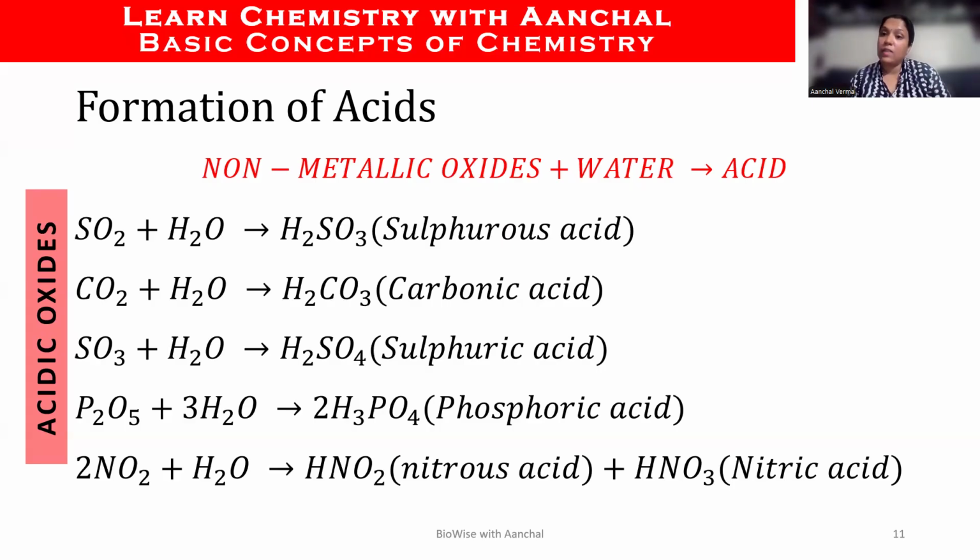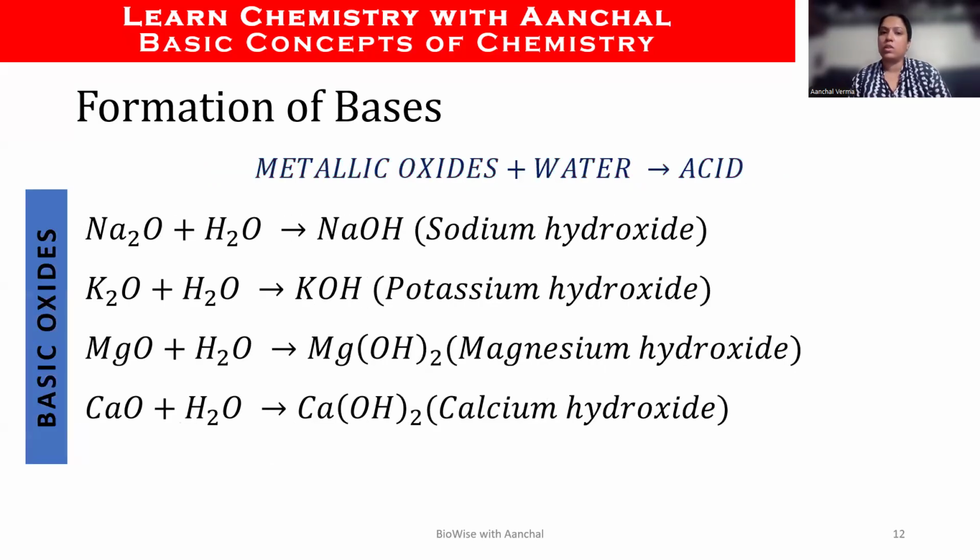Nitrogen dioxide will give you a dual acid, that is nitrous as well as nitric acid on the product side. Understood? This is how the acids are formed from the acidic oxides. And what are acidic oxides? The non-metallic oxides are the acidic oxides. Exceptions are there like carbon monoxide, H2O, NO, these are all neutral oxides.